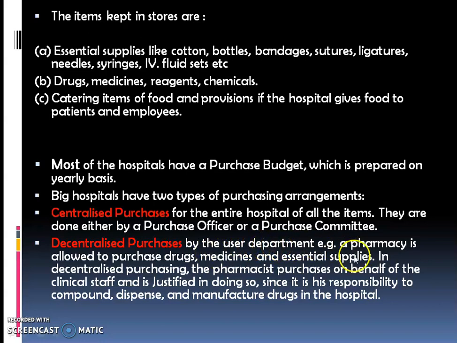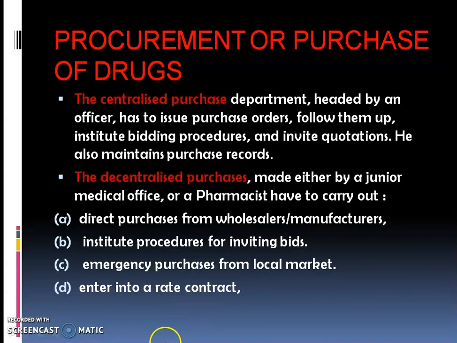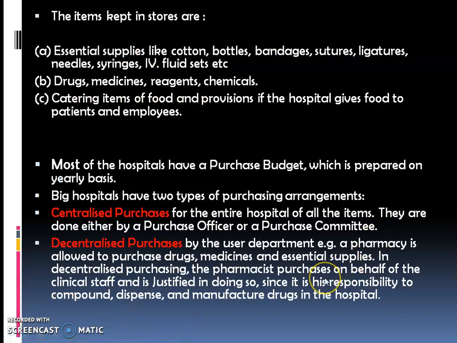Example, a pharmacy department is allowed to purchase the drugs, medicines, and essential supplies in decentralized purchase. The pharmacist purchases on behalf of the clinical staff and is justified in doing so since it is their responsibility to compound, dispense, and manufacture drugs in the hospital.